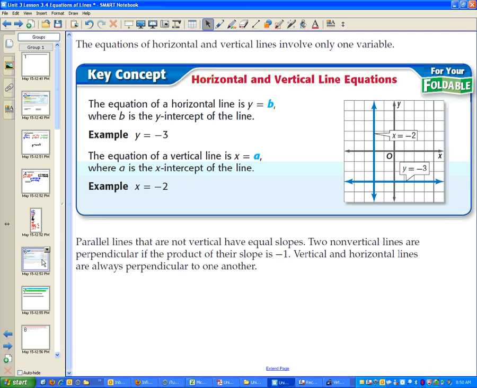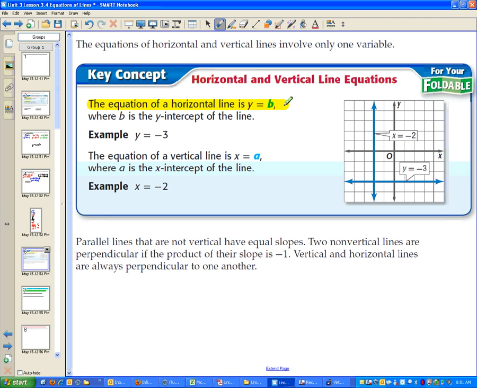So the easiest thing to do is to just memorize what the equation of a vertical line looks like. In fact, you have to do that because the other two forms won't work for vertical lines. And even for horizontal lines, just memorize what the equation is going to look like, and it turns out to be a lot easier. And it's this. The equation of a horizontal line is always y equals b, whatever the y-intercept is.